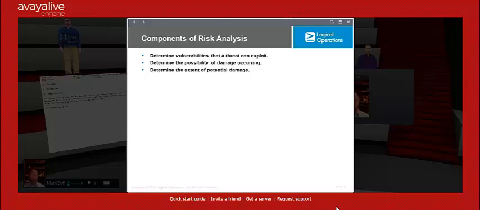So you've identified a specific threat, you've identified a specific vulnerability, and then it's like, all right, how likely is it that that's going to happen? And when it does happen, bullet 2, determine the possibility of damage occurring. If this particular risk scenario were to take place, would there be any damage associated with that?